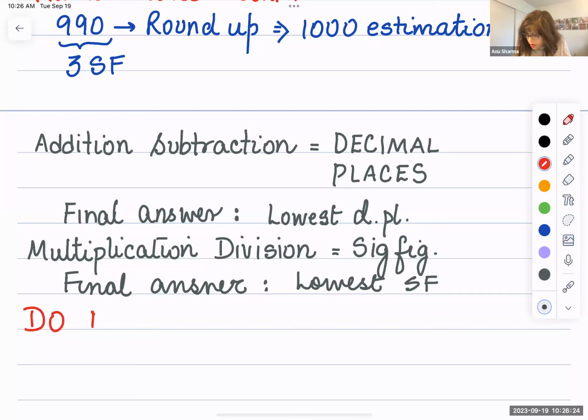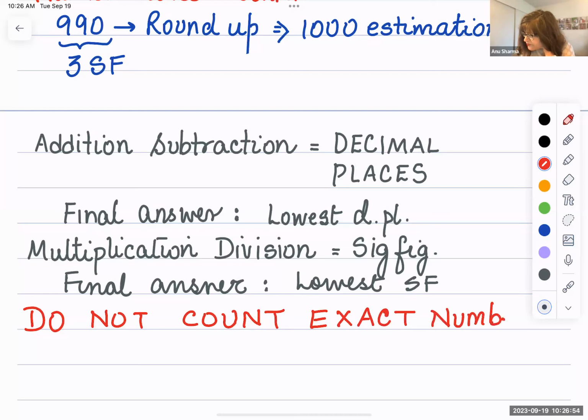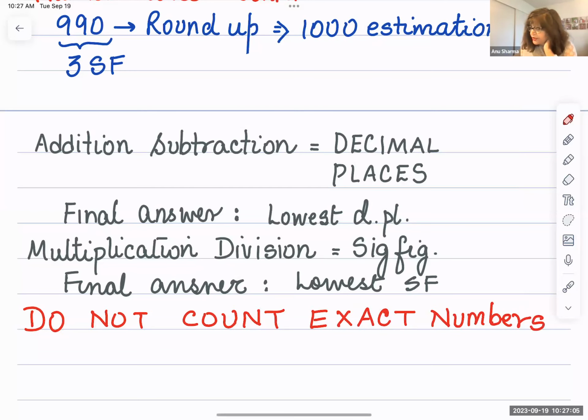Do not count what you should not count. In the calculations, do not count what? Exact numbers. Perfect. So do not count the exact numbers when you are doing the calculations.